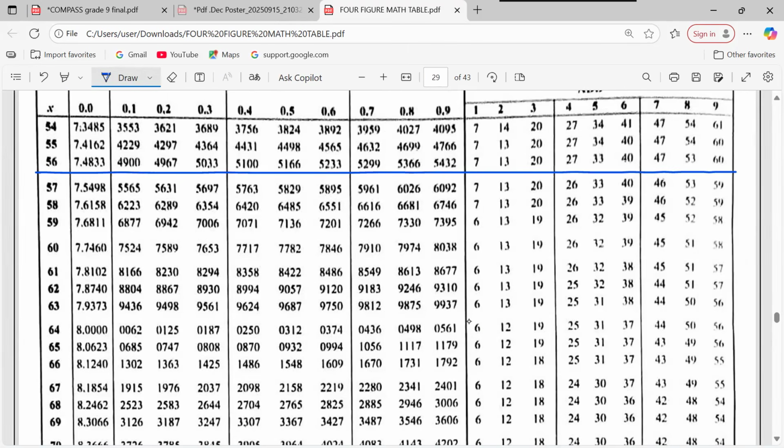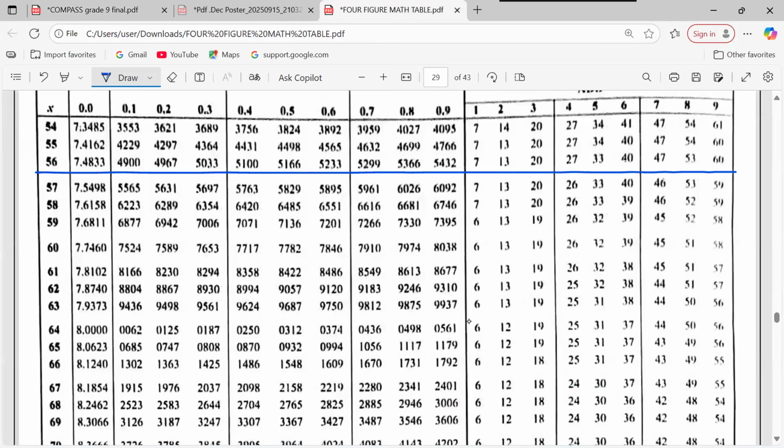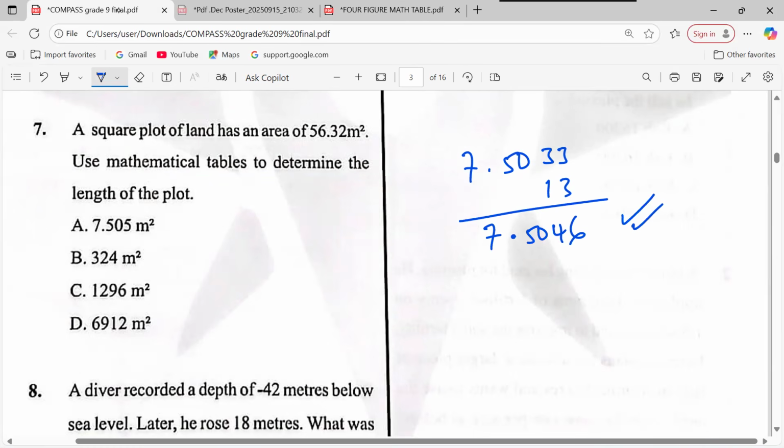That is the row that you're supposed to identify. Then 3, then at 2, we are adding the value here. It's a 13. So we'll be having 7.5033, and we add 13 at this point. So 7.5046. That is the right answer from the 4-figure tables.